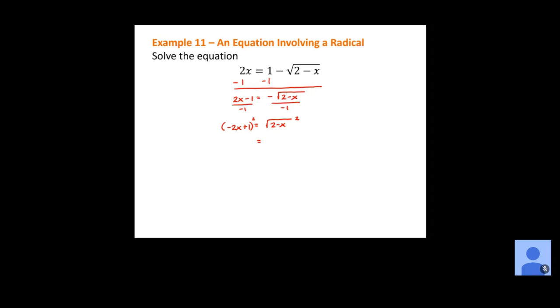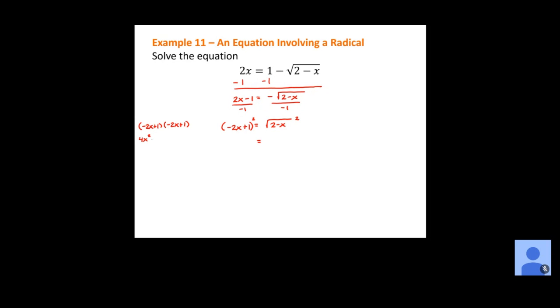All right. So if we square -2x plus 1, remember what that means is -2x plus 1 times -2x plus 1. So we're actually going to use FOIL here to multiply this out. -2x times -2x is going to be a positive 4x squared.